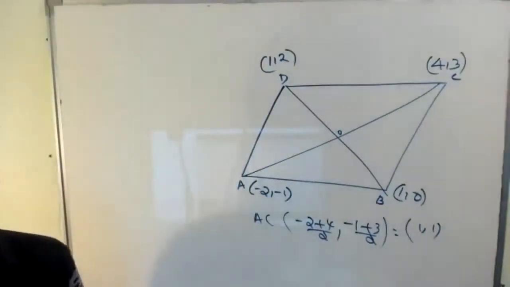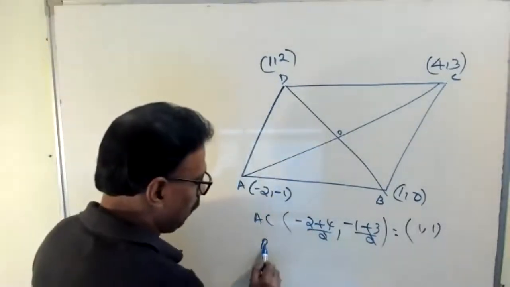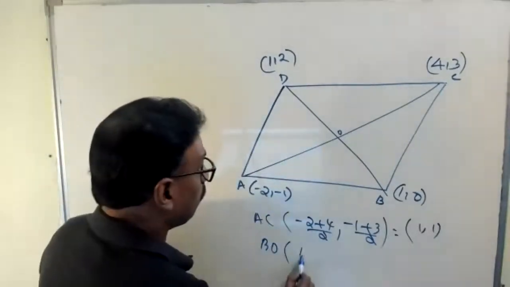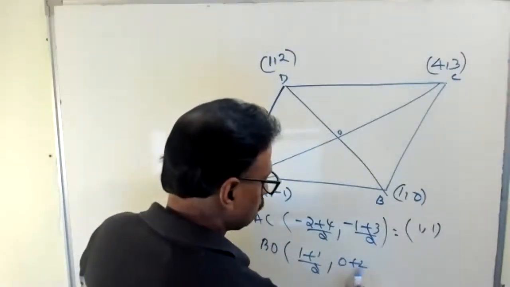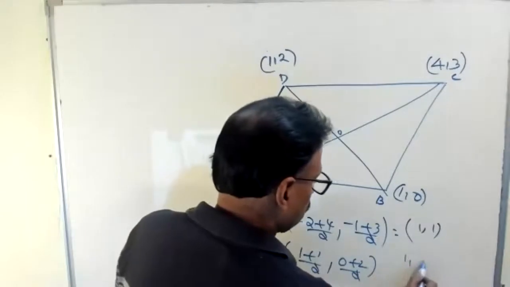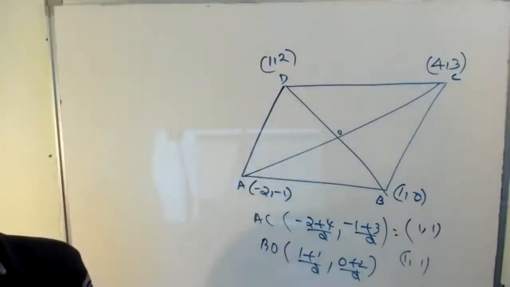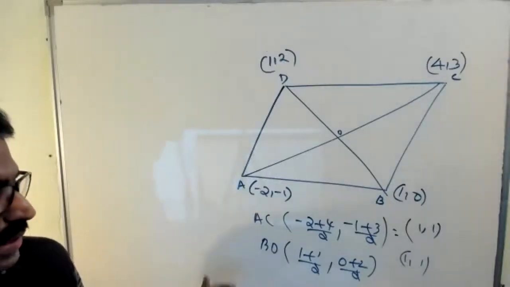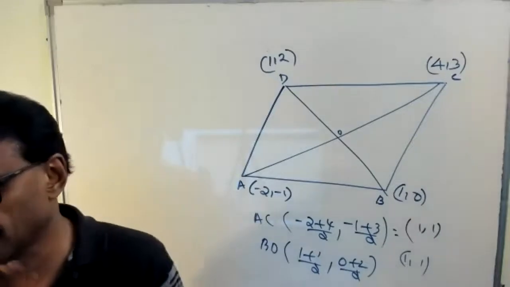You got 1, 1. Coordinate of midpoint of BD: 1 plus 1 by 2, comma, 0 plus 2 by 2. That is also 1, comma, 1. Then you write, since the coordinates of midpoint of AC and BD are the same point, hence ABCD is a parallelogram.